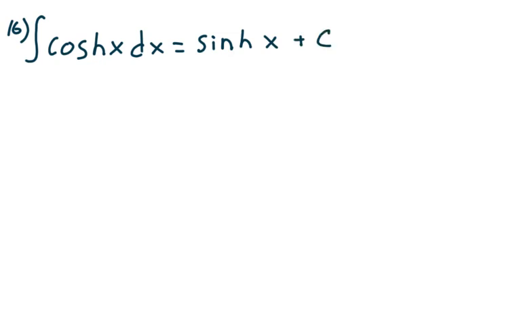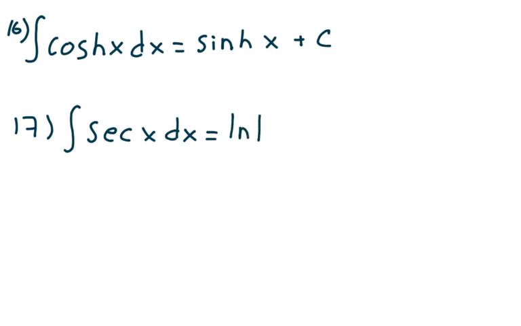And we can derive it in much the same way. Number 17. If I have the integral of secant x dx, we get natural log of the absolute value of secant x plus tangent x plus c. Believe it or not, this number 17 comes up quite a bit.